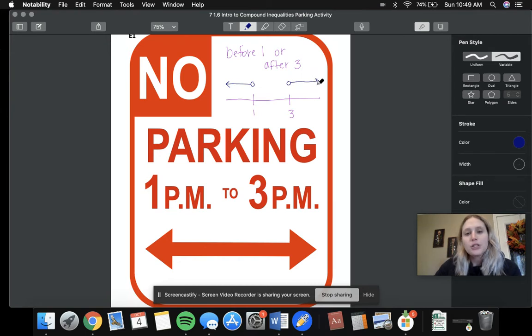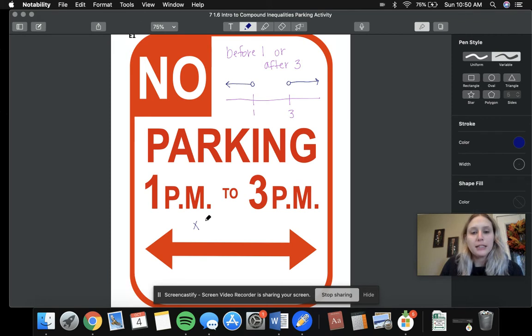So this is what you're first going to do: read the parking sign and decide when you can park. This graph shows all the times that you could park. Then you'll also write a statement. I can park anytime before 1 o'clock, so x is anything. I'm going to use x, but you can use P for parking or whatever.